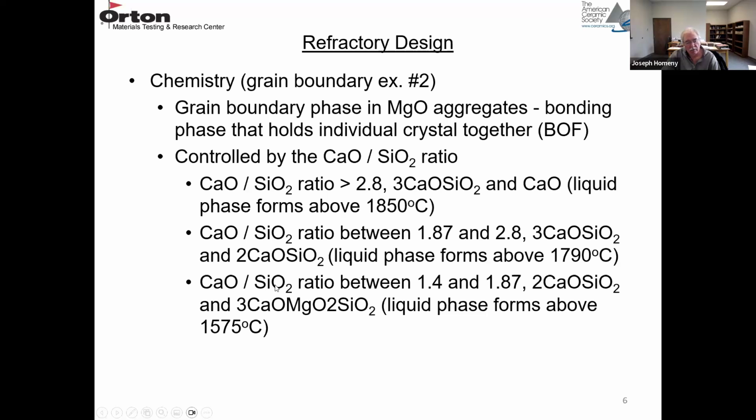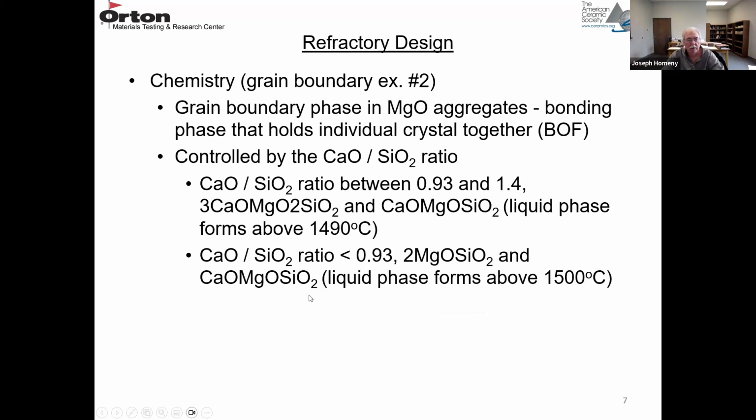But when the lime to silica ratio drops between 1.4 and 1.87, you still have dicalcium silicate, but now you have a low melting phase, merwinite, and liquids are going to form at a much lower temperature, 1575 degrees C. So in a BOF, a basic oxygen furnace, that's below steel melting temperatures.